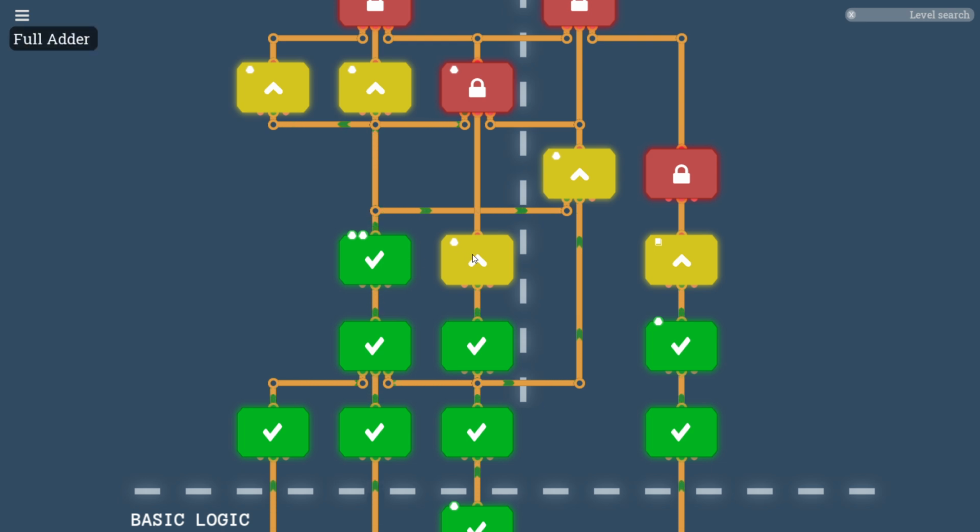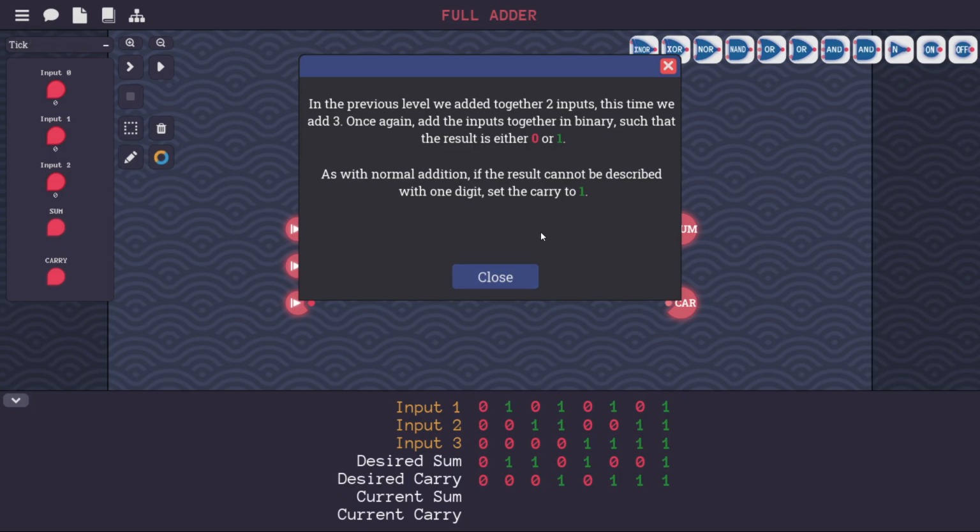For today we are going to finally do a full adder, which is essentially able to do an operation on a byte of data, which is 8 bits, and go on from there. So in the previous level, we were able to add two inputs. This time, we add three.